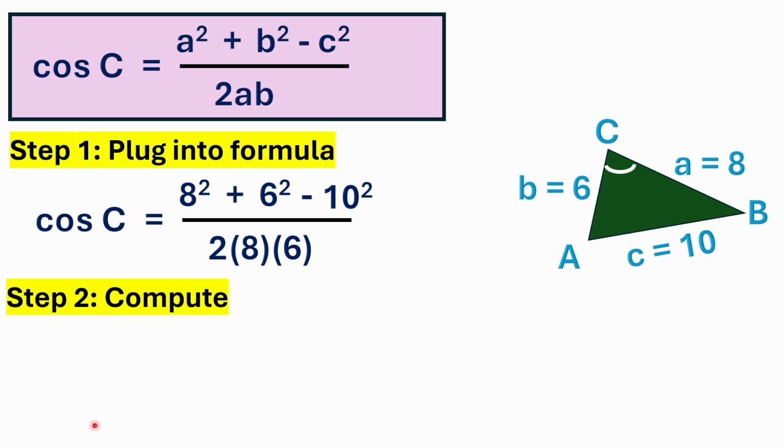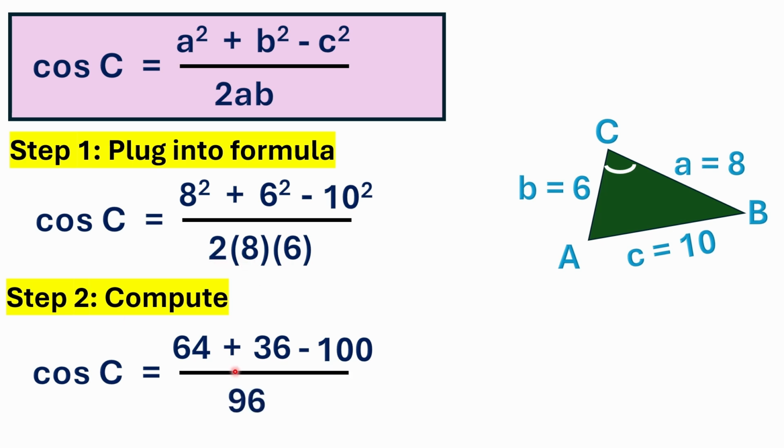And for step number 2, we compute. Now we have cosine C equals 8 squared is 64 plus 6 squared is 36 minus 10 squared is 100, all over 2 times 8 times 6, the answer is 96.